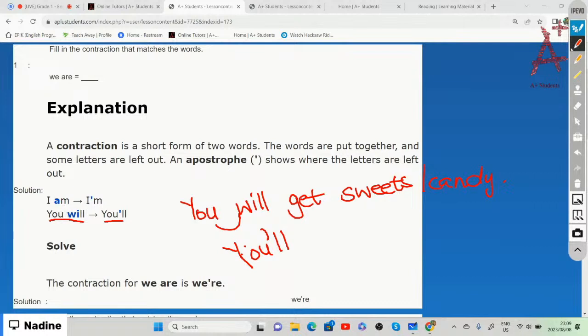So you will get sweets or candy, or we can say you'll get sweets or candy. So you'll is our contraction because it is the short form of the two words you will. So you'll is short for you will. You'll is the contraction of the two words you will.